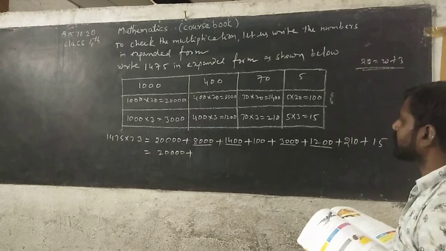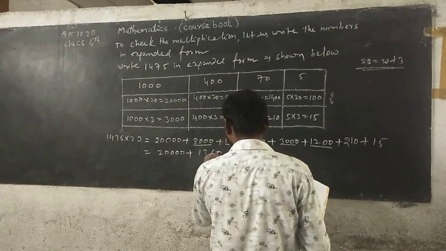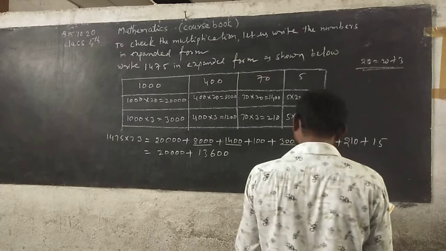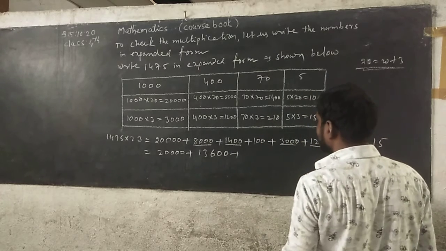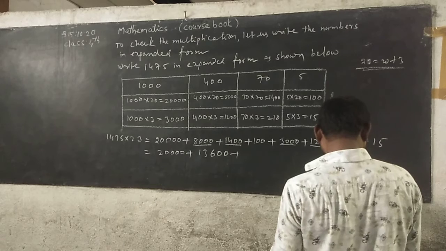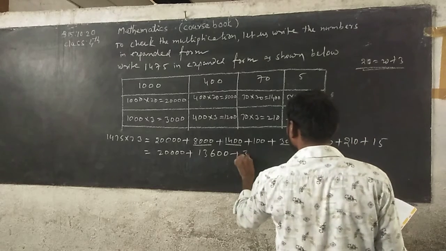See here, what do we get, beta? Total, we get 13,600 plus 325.